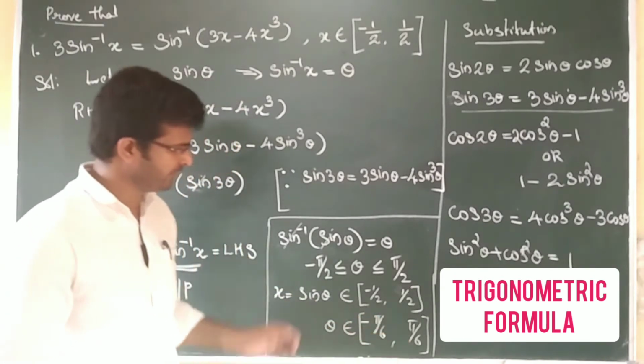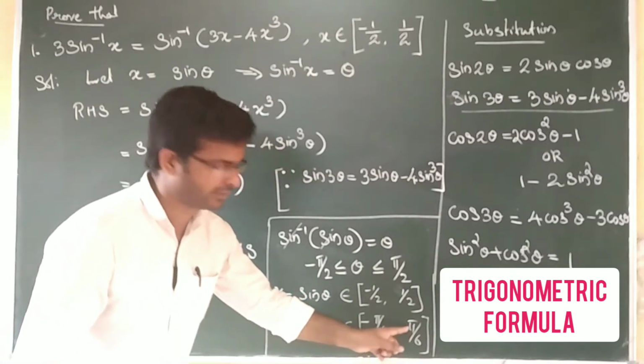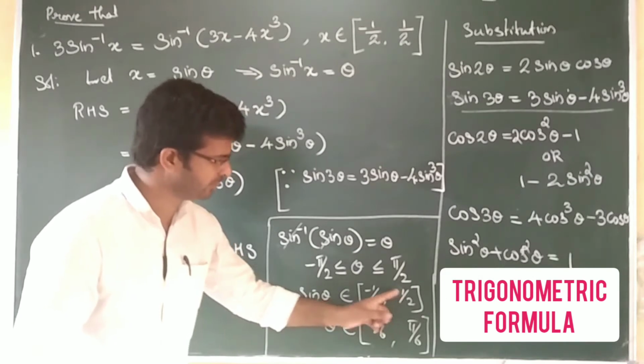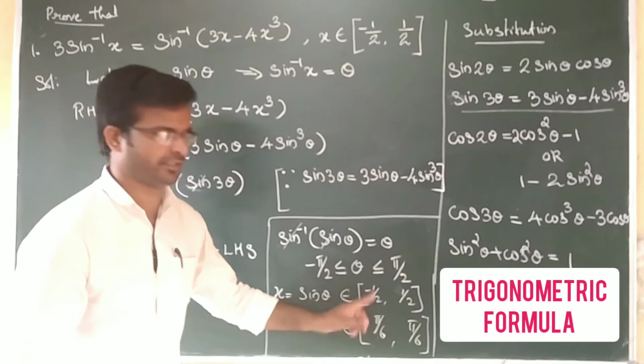That means sine pi by 6 gives 1 by 2, and sine minus pi by 6 gives minus 1 by 2.